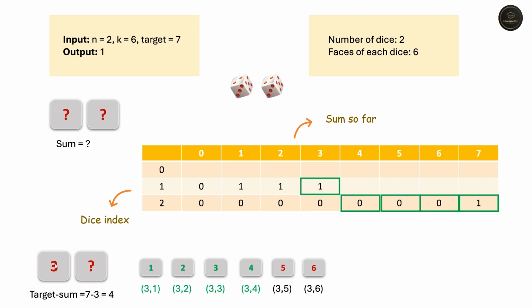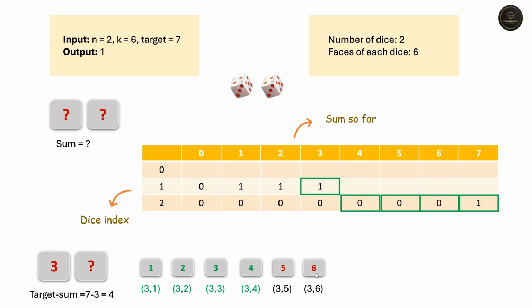Now, if the previous sum is 3, then what is the sum that I can add here? With any face value that would give me the sum 4 because 7 is the target. We already have sum 3. What is remaining? 4. And how many faces can give me the value 4? Only this value, but I can still compute this. If I compute the value for 5, adding 5 to 3 would give me 8, which is greater than the target.